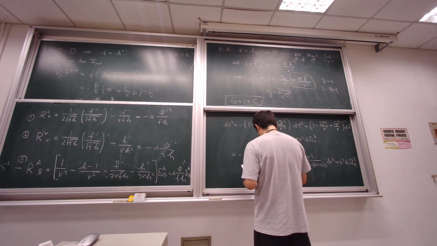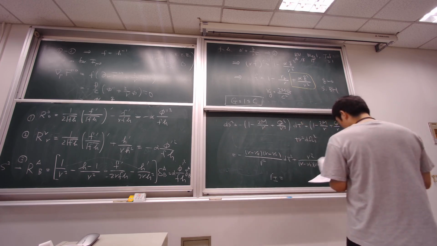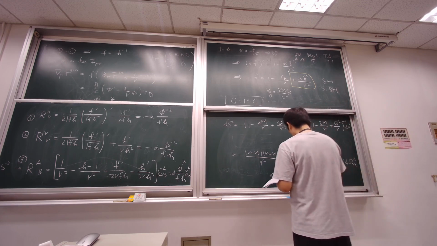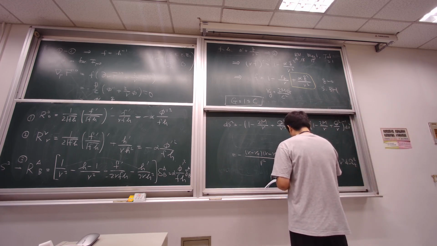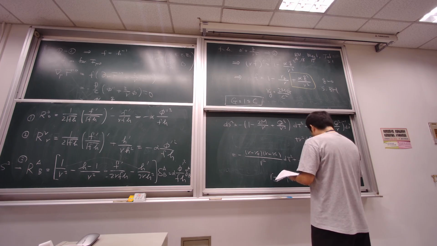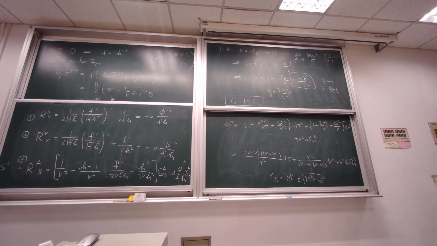And then R plus minus will be given as follows. R plus minus is equal to m plus minus the square root of m squared minus 4 q squared. That's what's really happening.